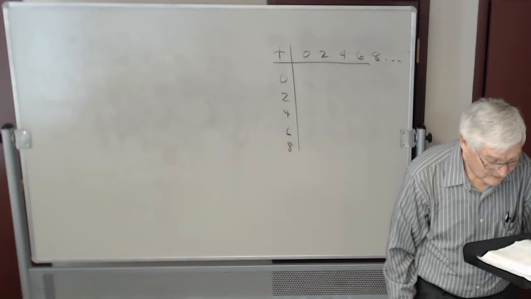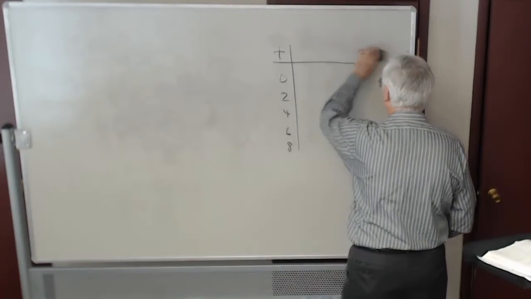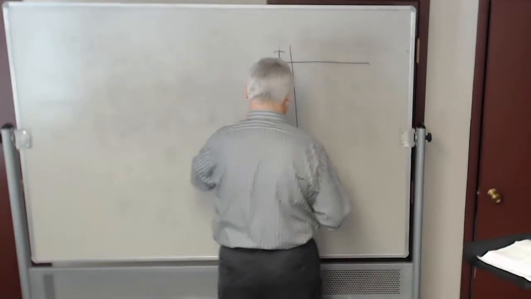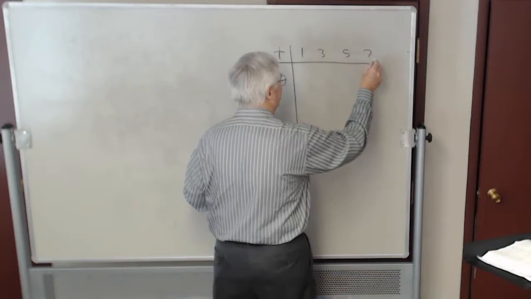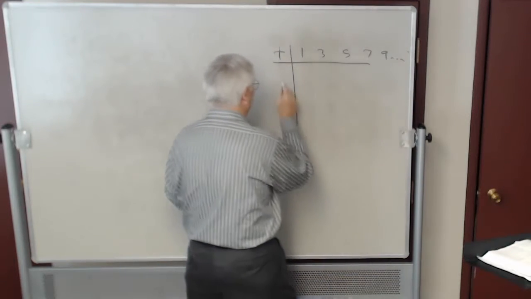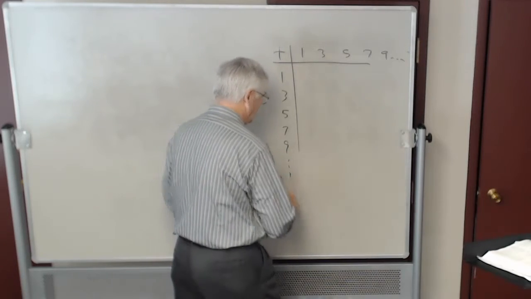Oh no, that was the odd integers. 40, I just did the even ones. We want the odd integers. That would be 1, 3, 5, 7, 9, dot, dot, dot. Okay?